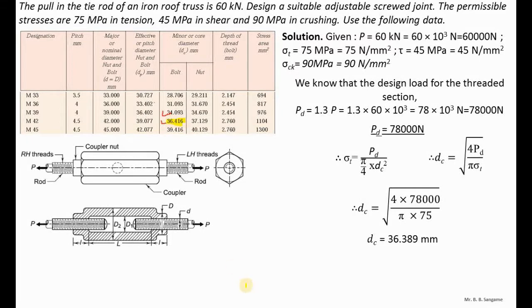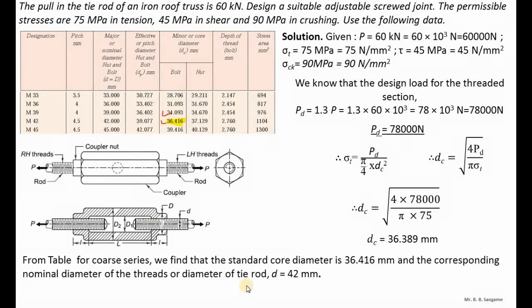From the table I am going to select the value of 36.416 for the core diameter, and for the same core diameter the major diameter or nominal diameter will be 42 mm. So I have selected the major diameter 42 mm and core diameter of 36.416.